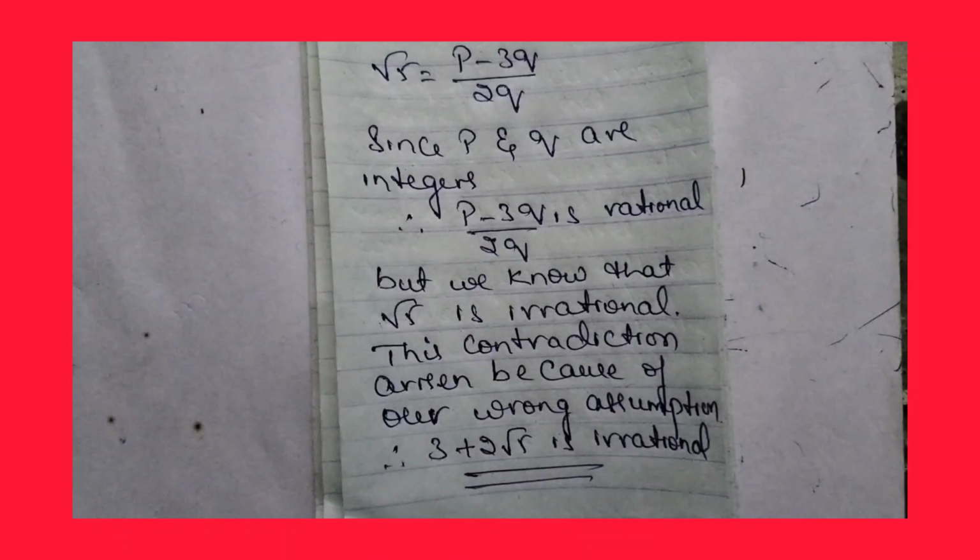So like this we have to prove that 3 plus 2 root 5 is irrational. So now let us move for the next question.